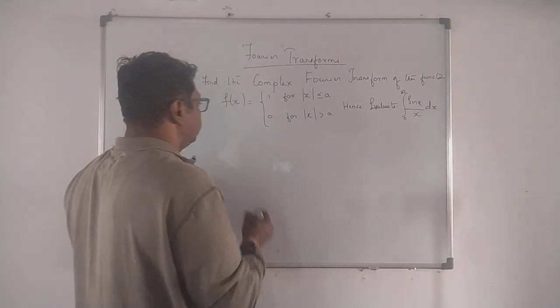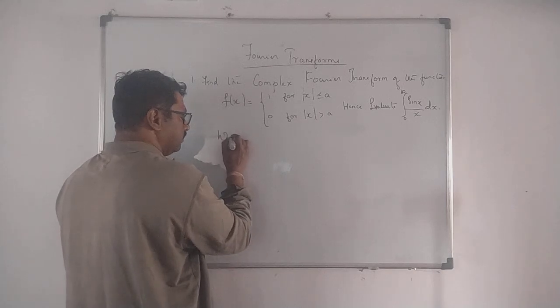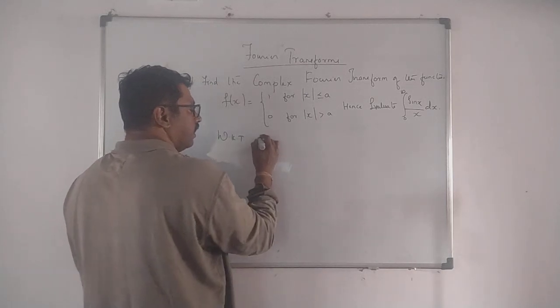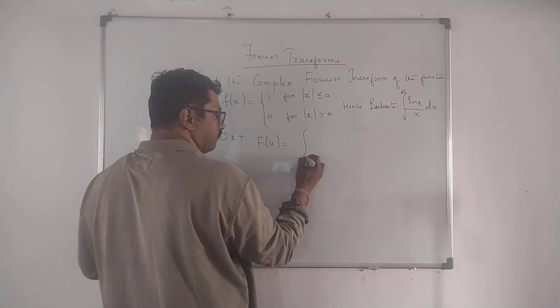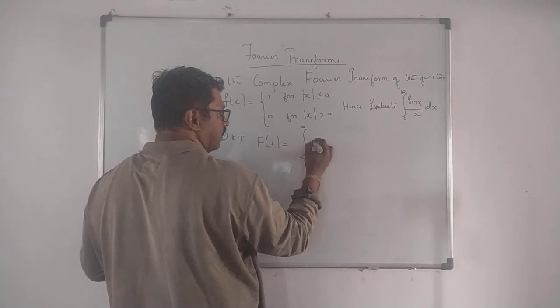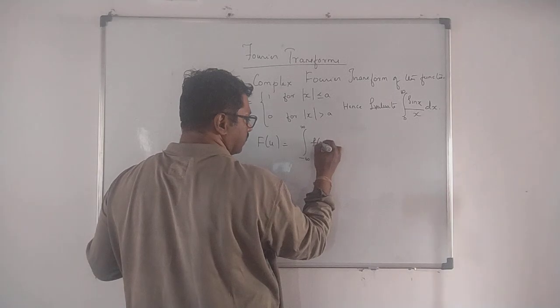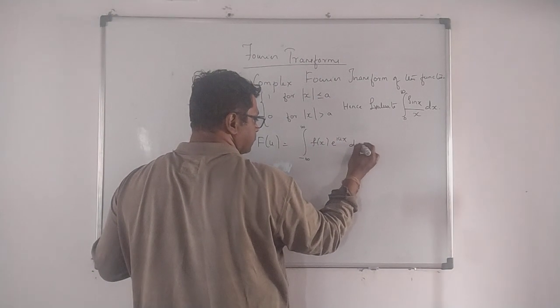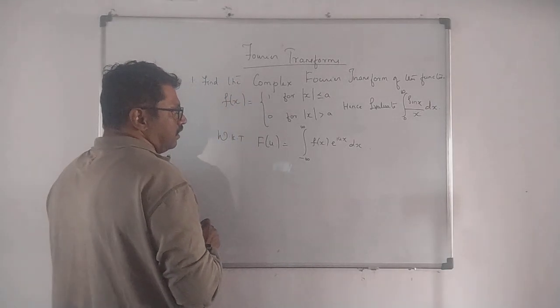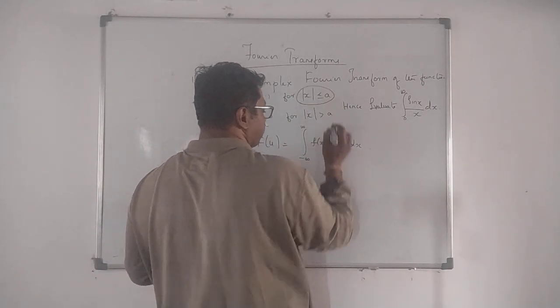So you start. We know that F of u is nothing but the integral from minus infinity to infinity of f of x e to the power of iux dx. So consider this one.